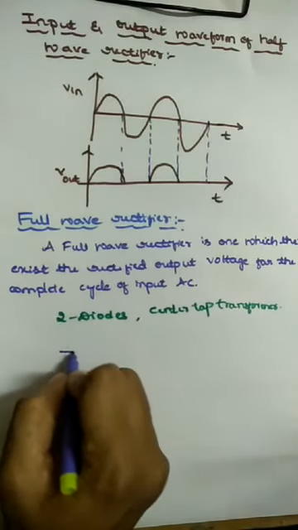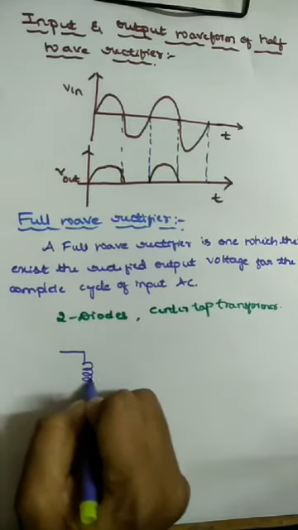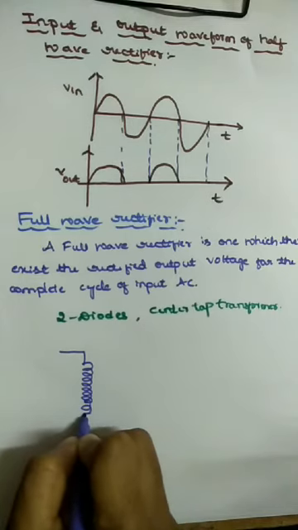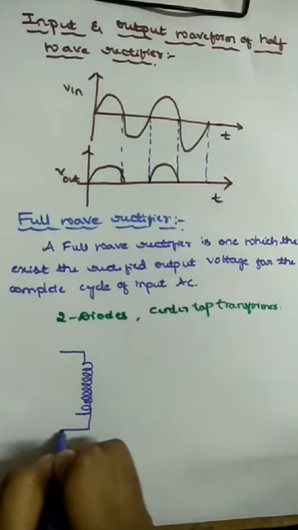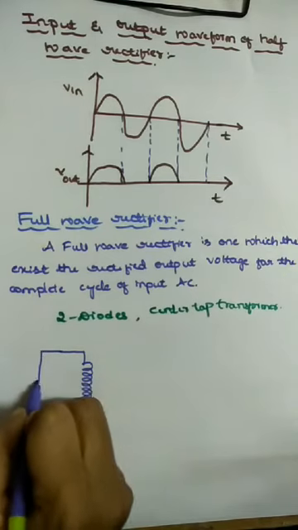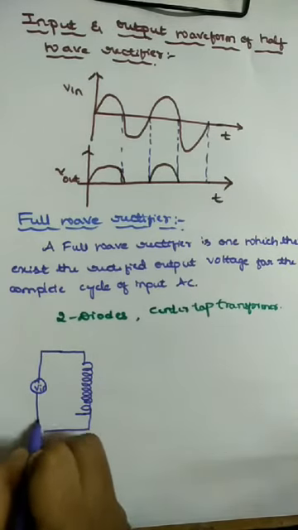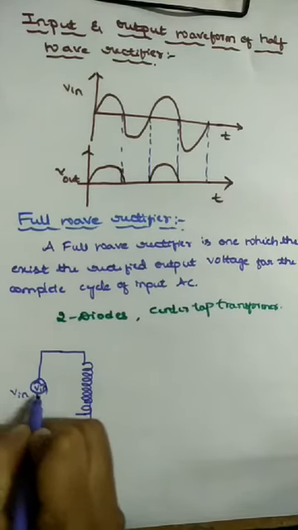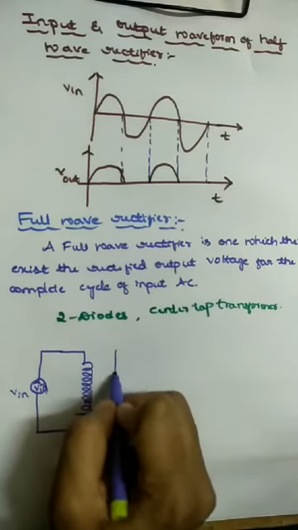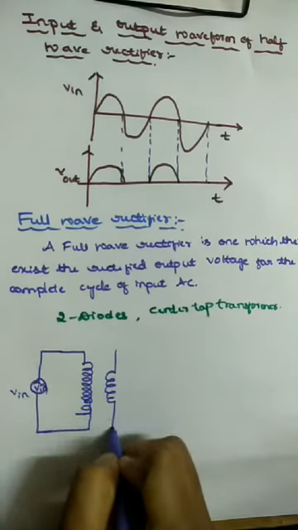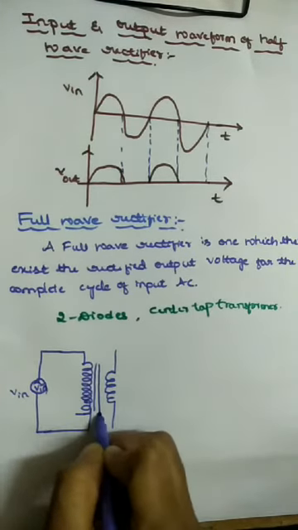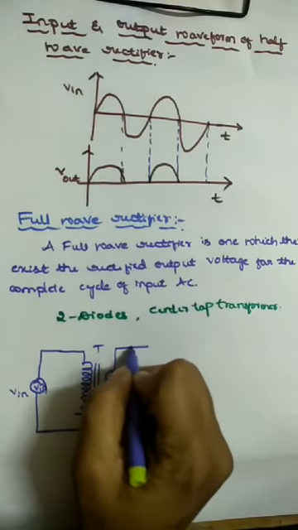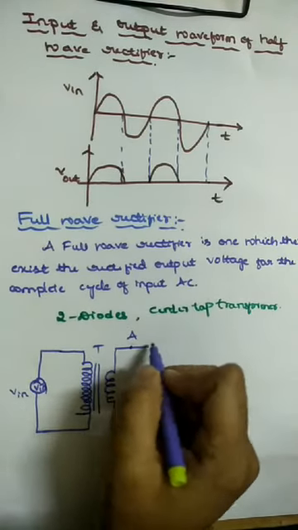Similarly here the primary coil consists of a number of turns. This is the V input. Similarly here is another, the secondary coil. This is the transformer T. Again we are going to consider here point A.